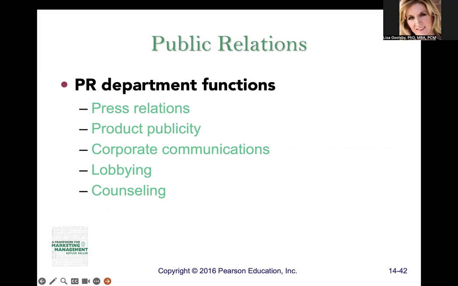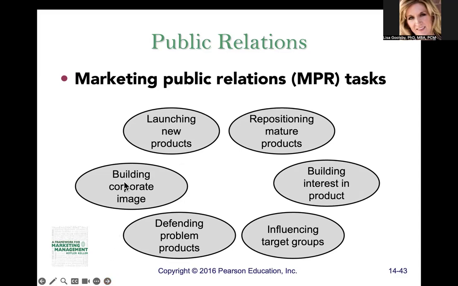Okay, let's look at public relations. So, some public relations functions. You have press relations, you have product publicity, corporate communications, and that's something that goes out throughout your corporation, usually internal, but you can also do external corporate communications through annual reports and things of that nature. You might want to do some lobbying, getting people behind your product, and then you might have counseling that also comes into play with public relations.